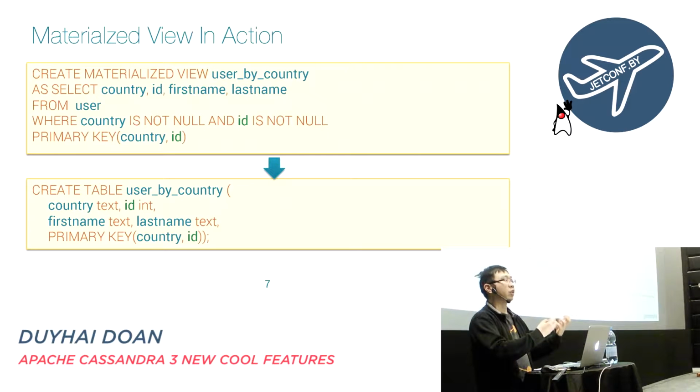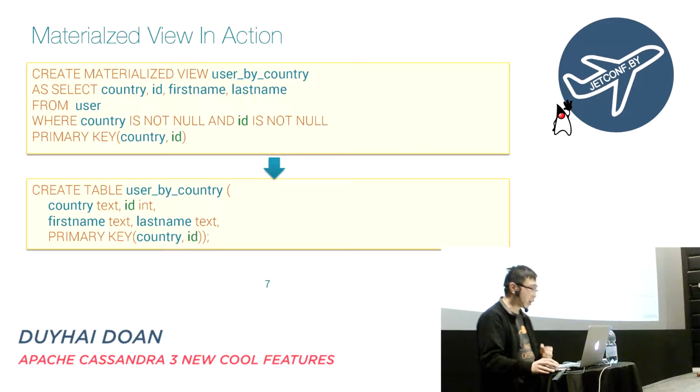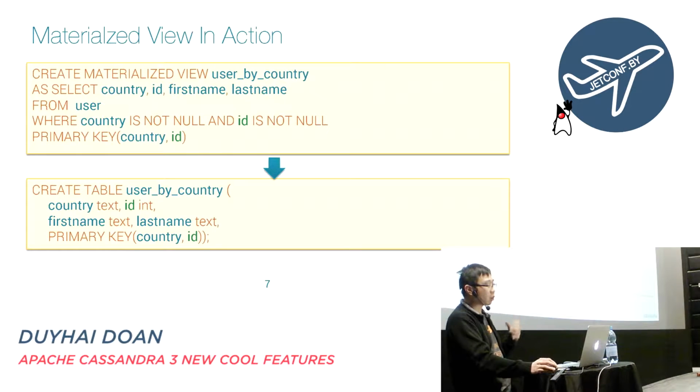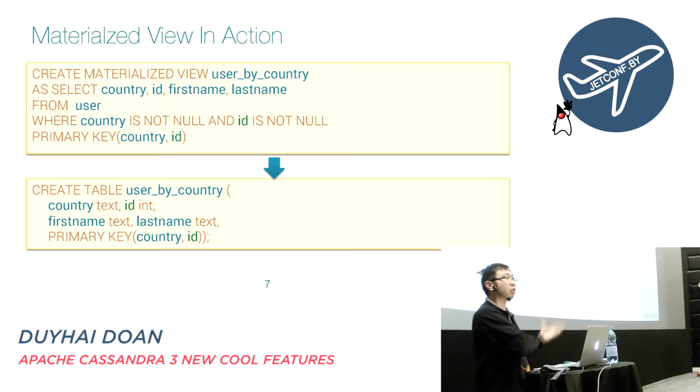Why? Because you cannot have null value for primary key, of course. And then you define the new primary key for your view, okay, which is country and ID. So in fact, Cassandra will create this table in the background for you automatically. And Cassandra will take care of the update.